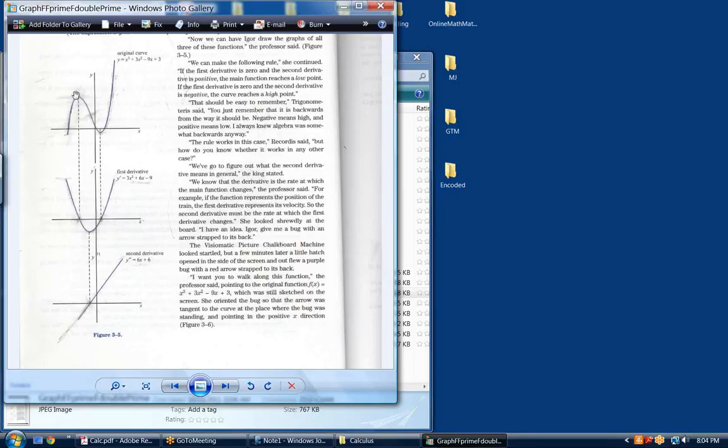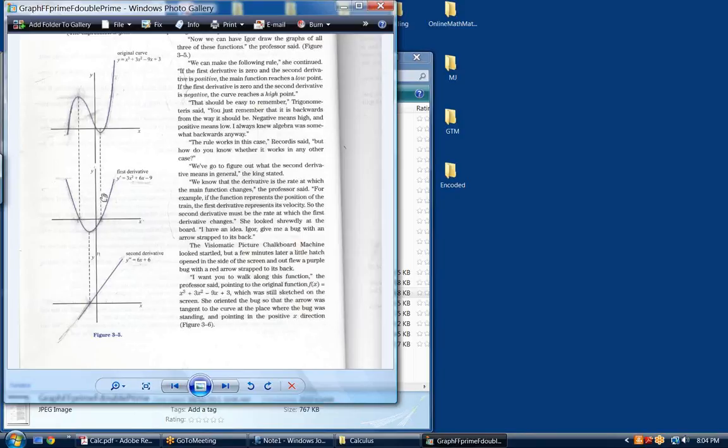The slope of that is 0. As the function decreases, the first derivative is in negative territory that whole way. As the function hits its local minimum, the first derivative is 0 again. Then the function starts increasing and the first derivative is positive for all of that.